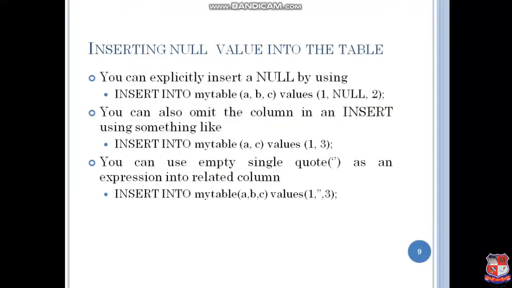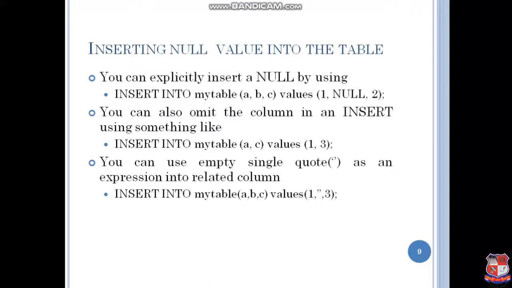Now what about inserting a null value into the table? There are 3 different ways in which you can introduce a null value. You can explicitly insert a null value by using insert into the table name, the column name, values and specifying the null keyword.